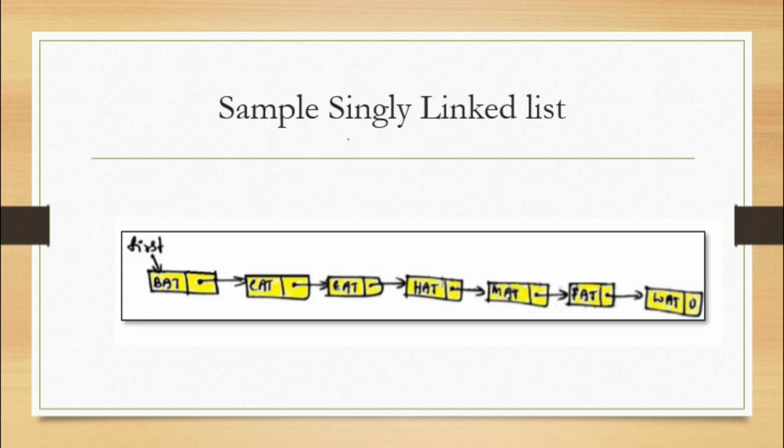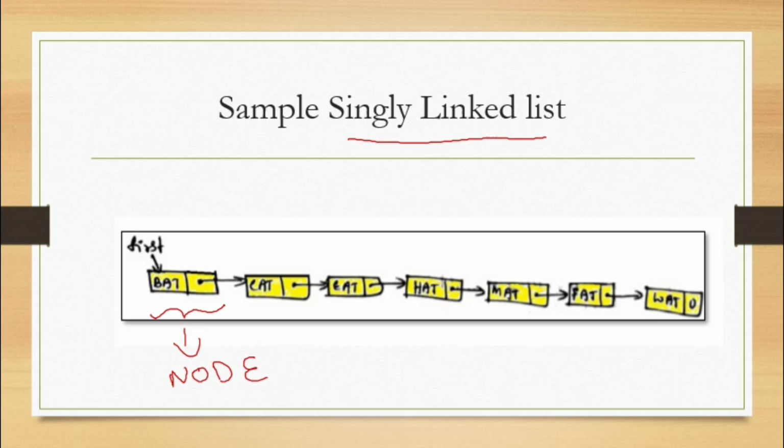So this is a sample singly linked list. This is a node, whatever we have seen. A linked list is made up of many nodes. So how do we come to know where a linked list starts and where it ends?